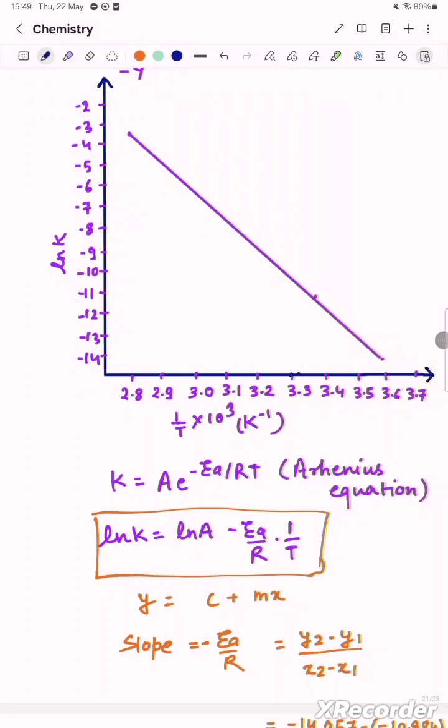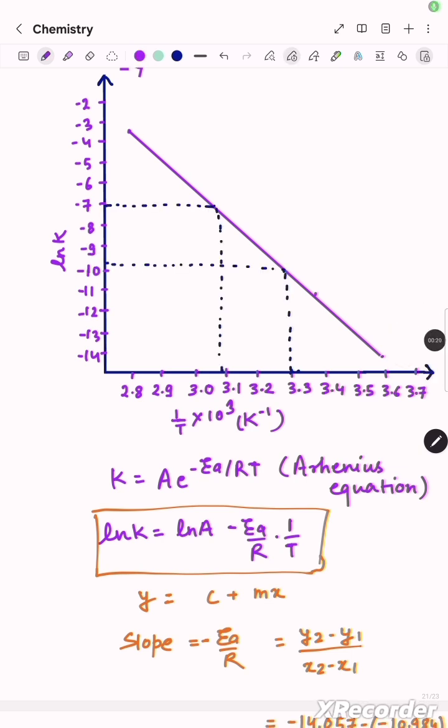Now we locate the point here at 3.30. We draw the line at 3.30. Now after locating all the 2 points, we get the value.